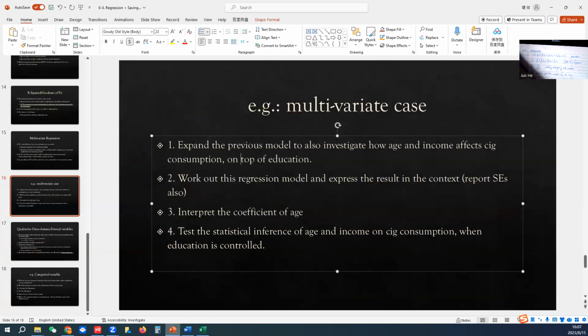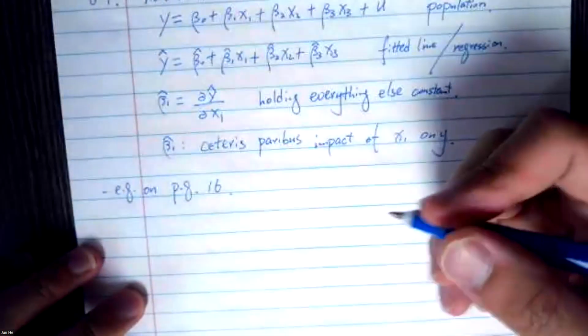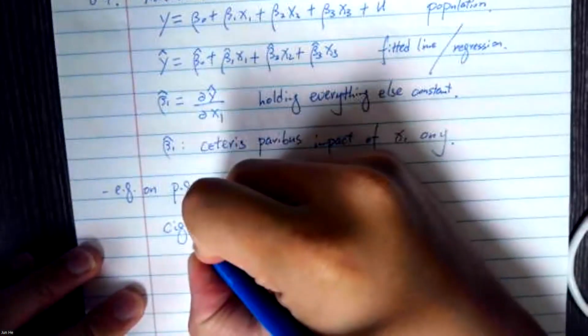So what I'm going to do is first write out the population of this example, the example on page 16. In the context, it should be cigarette consumption.